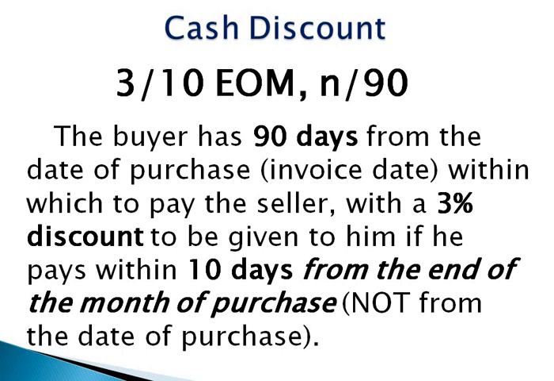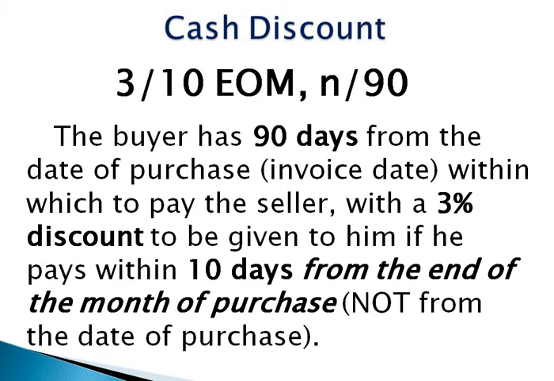This one now, 3/10 EOM, N/90. This means that the buyer is entitled to a 3% discount if he pays within 10 days from the end of the month of purchase. Take note, from the end of the month of purchase, not from the date of purchase or invoice date.